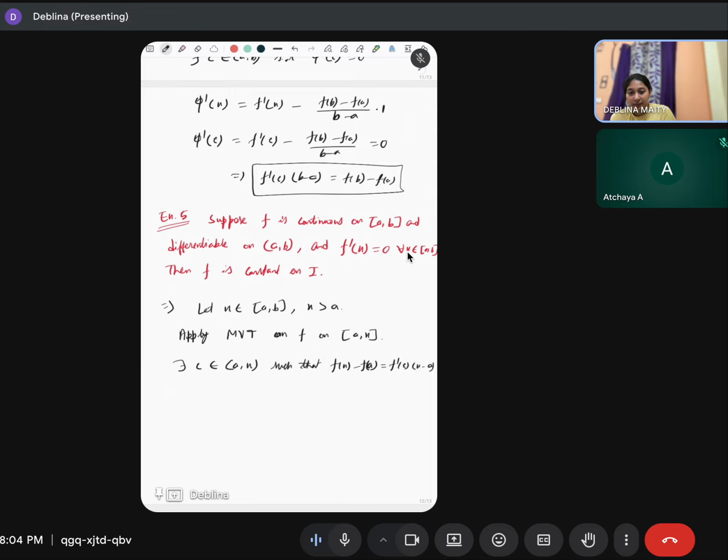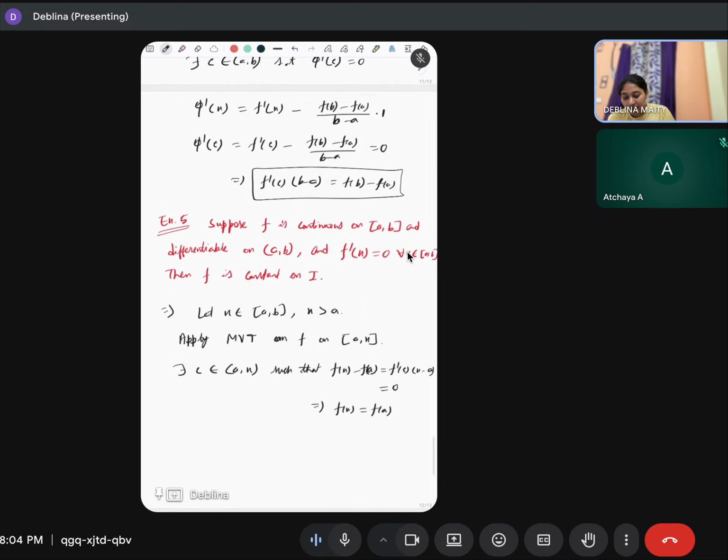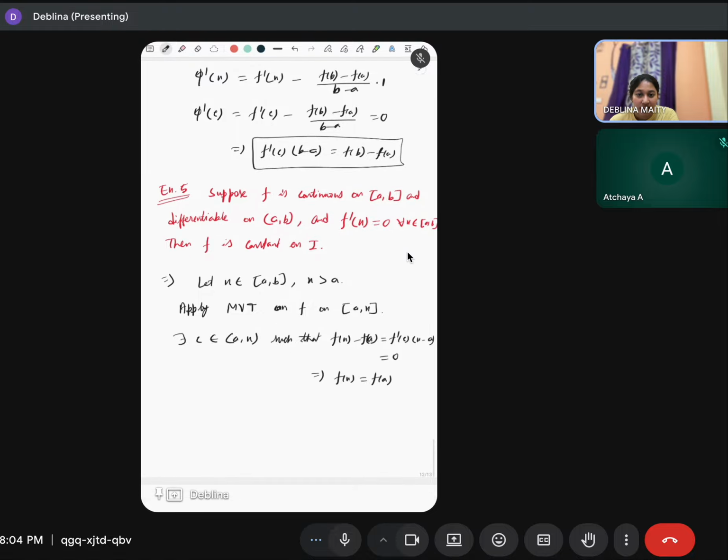Now our f dash x is 0 for all x, so f dash c is also 0. So this is equal to 0, which implies f x equals f a. Now x is varying from a to b and a is fixed, so f x equals a fixed number.